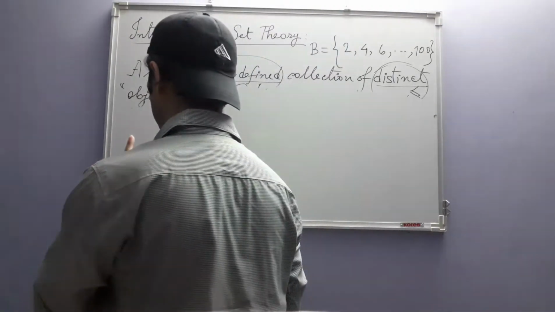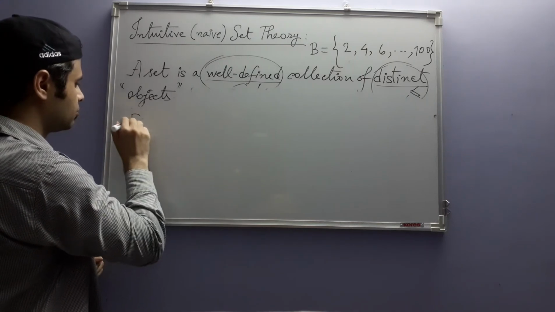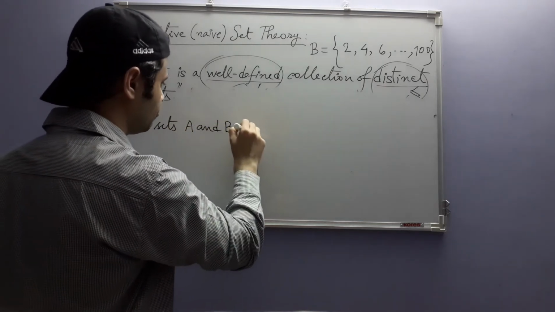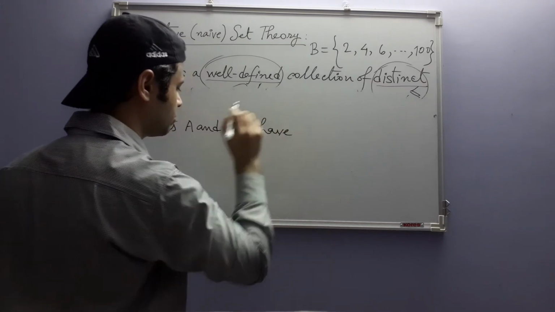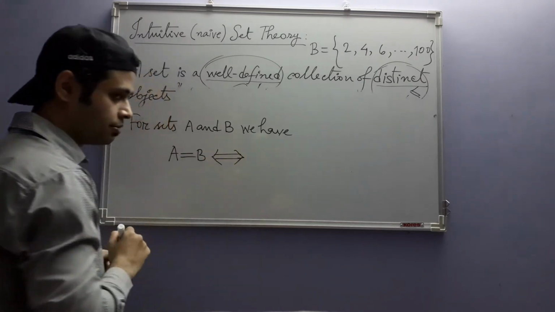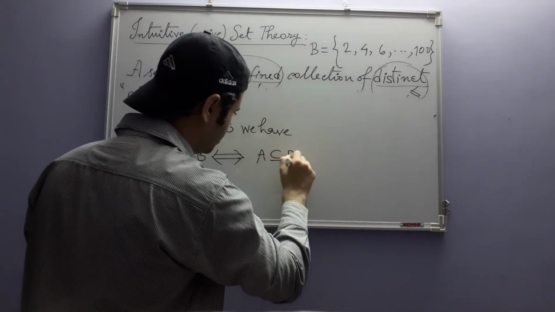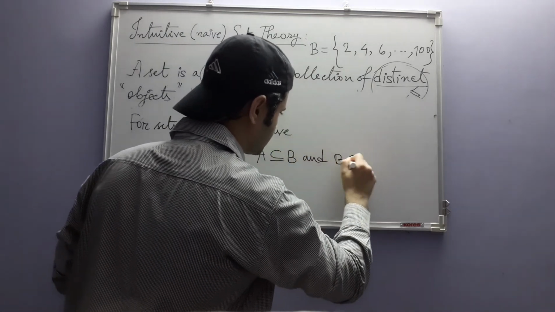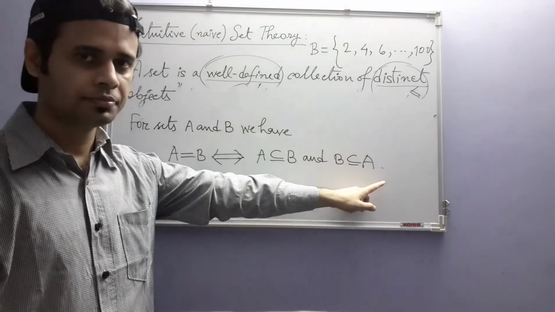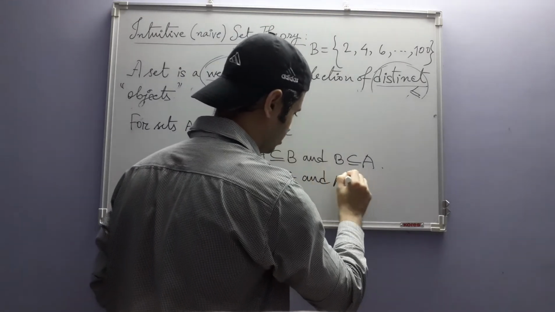Now one thing, if you look closely, you will see that for sets A and B, we have A is equal to B if and only if, you recall, if and only if from mathematical logic, A is a subset of B and B is a subset of A. If A is equal to B, then of course this is true, because you actually have this, which is true.